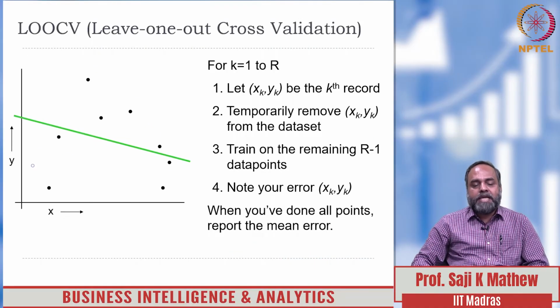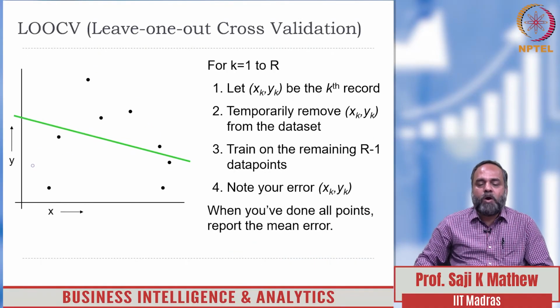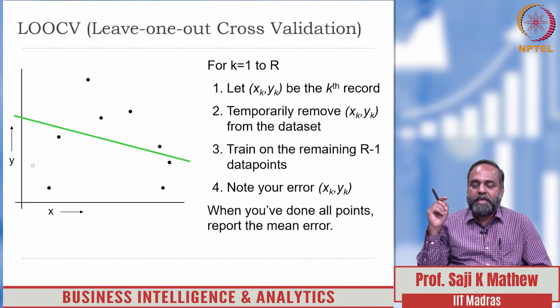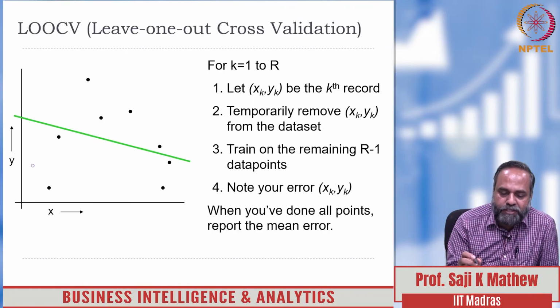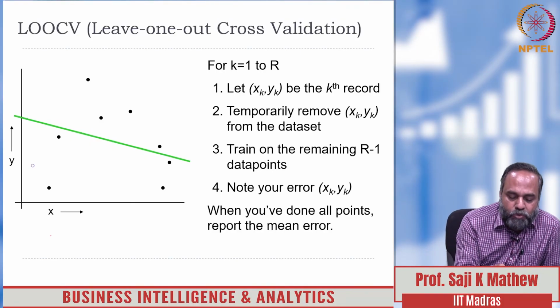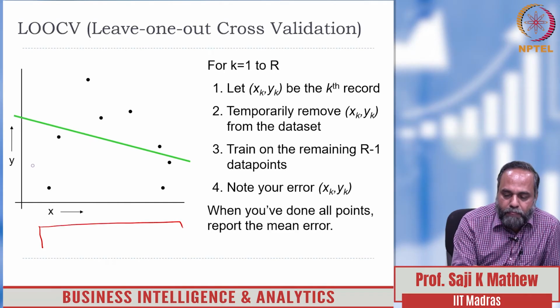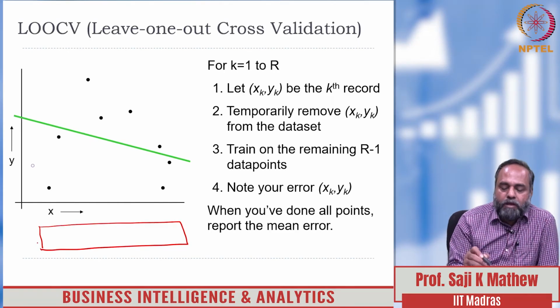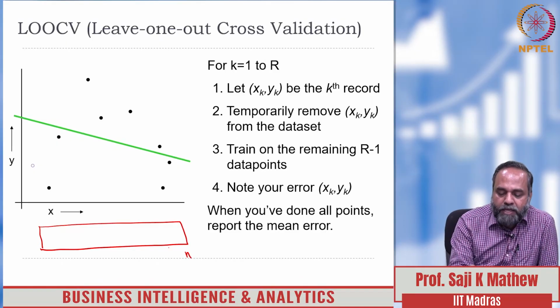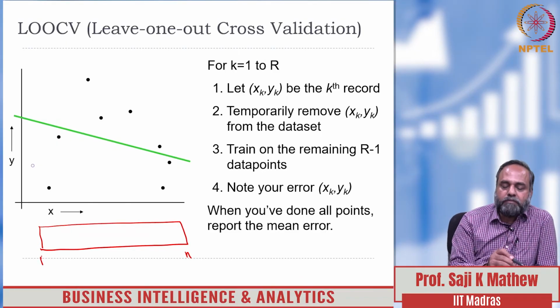Now the second method is leave one out cross validation, which is explained here. This is your whole data, xy data 1 to n. You don't partition the data into a training set and a testing set.